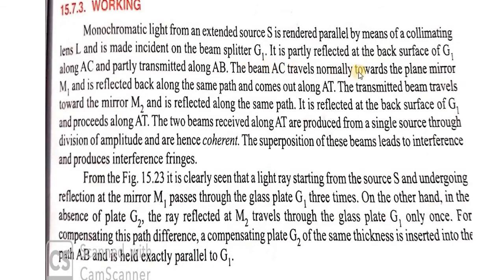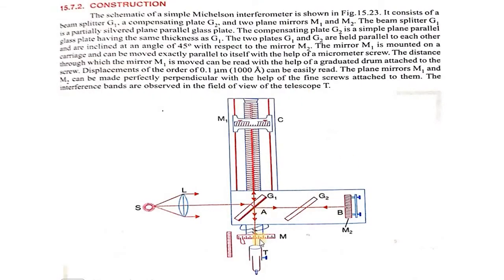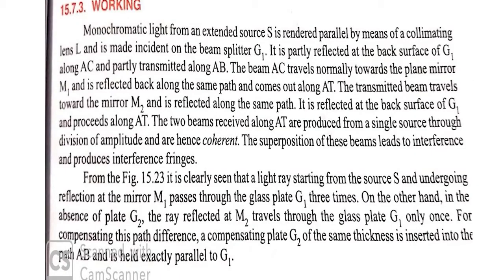The beam AC travels normally towards the plane mirror M1, and it is reflected back along the same path and comes out along AT. The light ray reflected from G1 reaches M1, reflects back and reaches the telescope T. The transmitted beam travels towards the mirror M2 and is reflected along the same path.